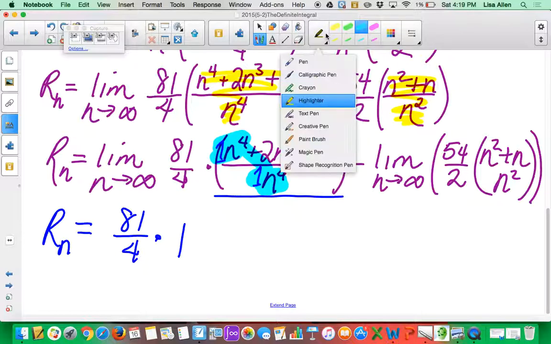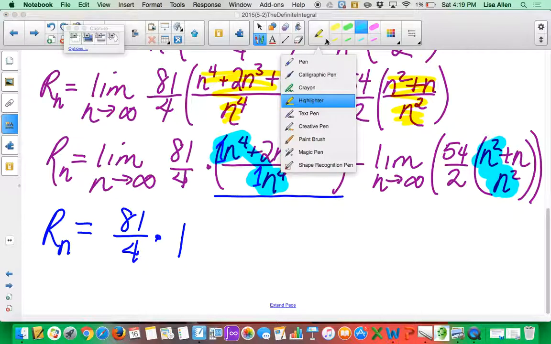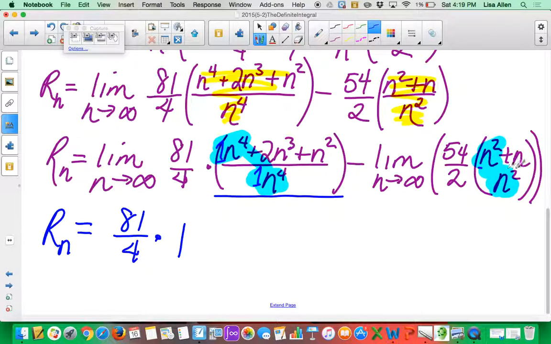So I can come over here and say the same thing is going to happen over here. And if I take the pen and remember to make my fraction line in there, that might be better. So we have 81 over 4 times 1, minus the second, which is 27, 54 divided by 2, times its limit, which will also be 1.